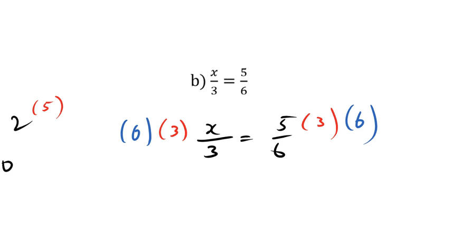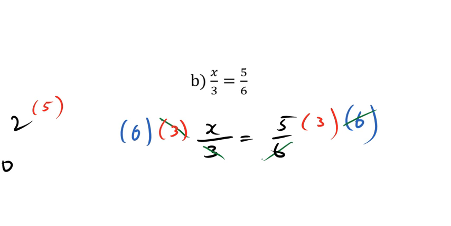These two are going to divide to 1. So now I'm only multiplying, the 3's gone, and I'm multiplying the left side by 6. And these two divide to 1, and I'm multiplying. See how that is what you're actually doing when you cross multiply? I multiply the right by 3, and it disappears on the left, and I multiply the left by 6, and it disappears on the right.